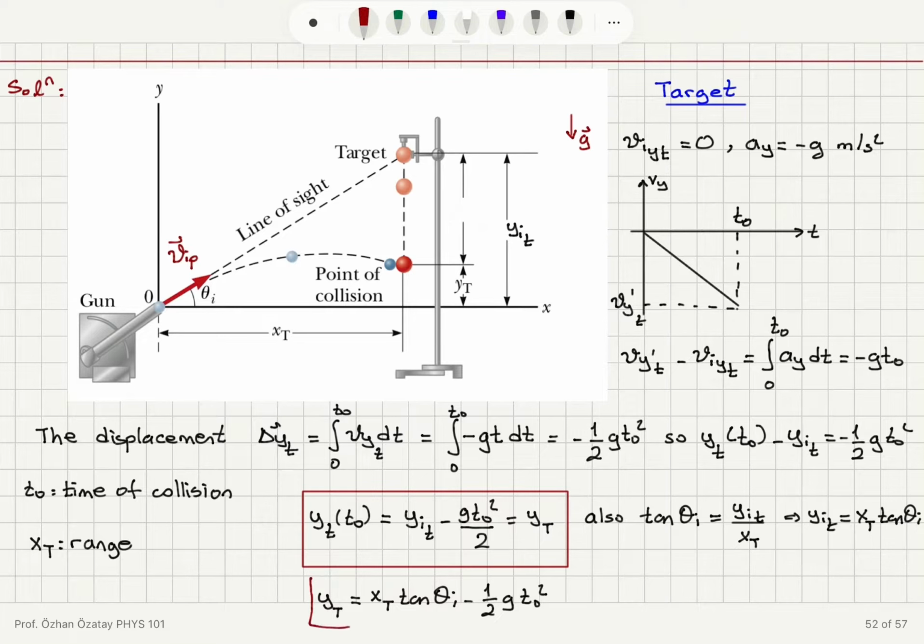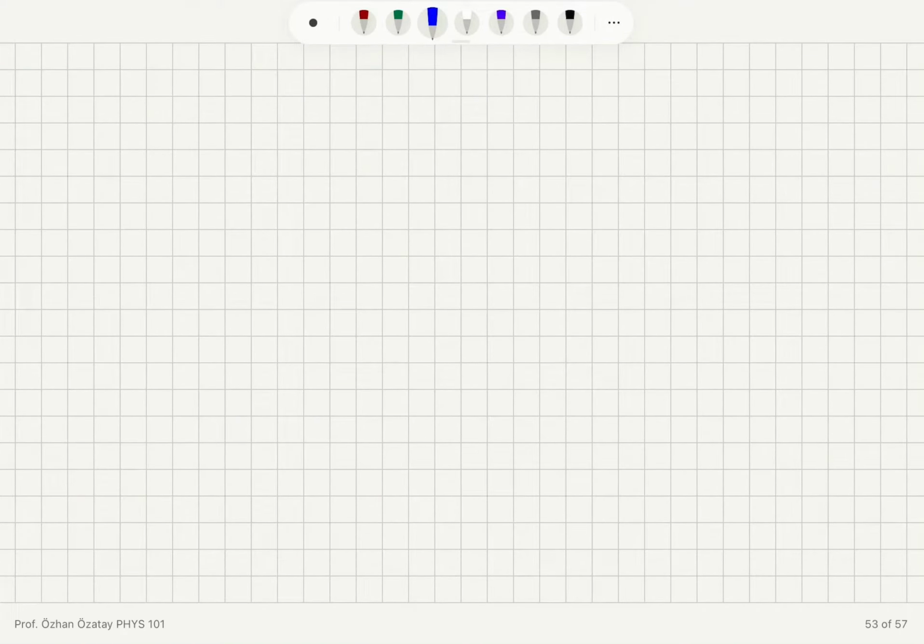So basically, when I analyze the projectile motion, I'm going to check this value for the final y position of the projectile and see if it matches the final position of the target. If they do, then they will be having a collision. So let me analyze the motion of the projectile.